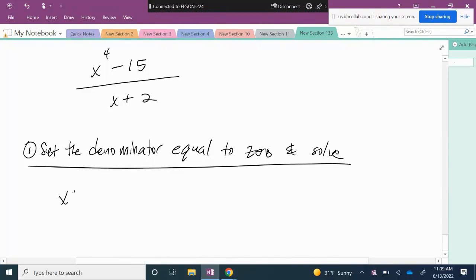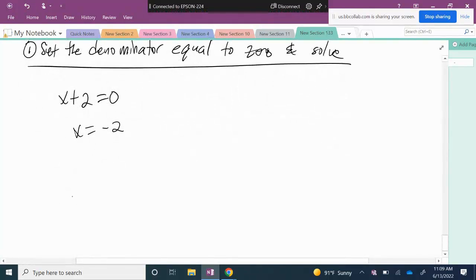So the denominator is x plus 2. I'm going to set that equal to 0. And if we solve for x, we have -2. So -2 is our divisor.